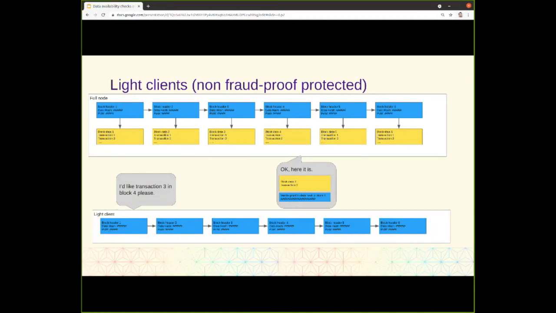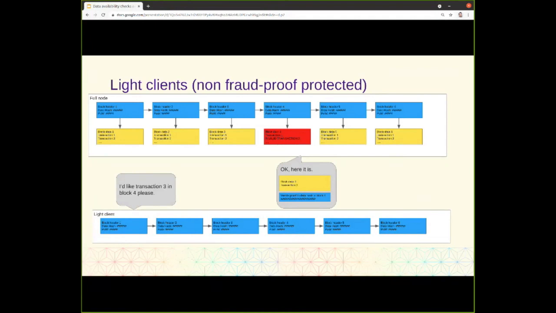But the light client at the bottom only follows the header chain, the chain of block headers, and then they will ask a full node for the information that they're interested in. So for example, here the light client is looking for transaction 3 in block 4, and then the full node replies, okay, here it is, and then they can include a Merkle proof in order to show that the information they have given is correct and compatible with the chain of headers.